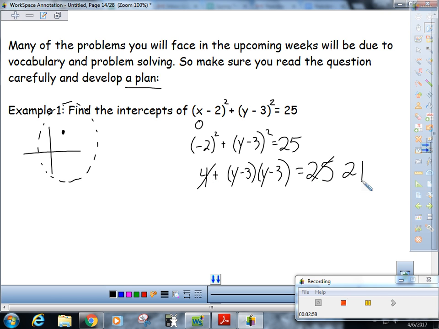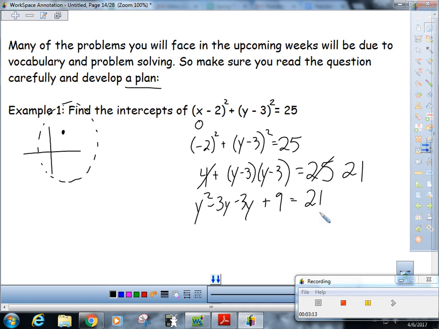Are you okay with that? Okay, so you get y squared minus 3y minus 3y plus 9 equals 21. Okay? And I can tell you that this is not going to be factorable.